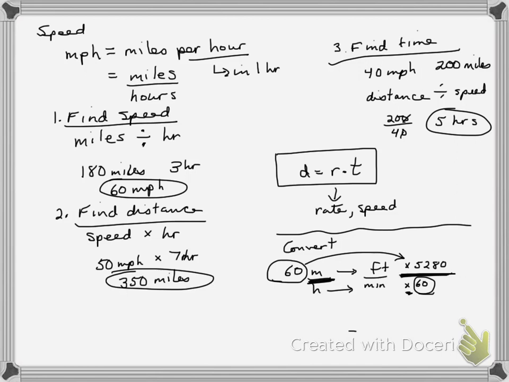So what if I wanted to convert 40 miles per hour to feet per second? Well, again, in the numerator, this conversion would be multiplying it by 5,280, and this conversion would be multiplying it by 60 to get to minutes, and by 60 again to get to seconds.